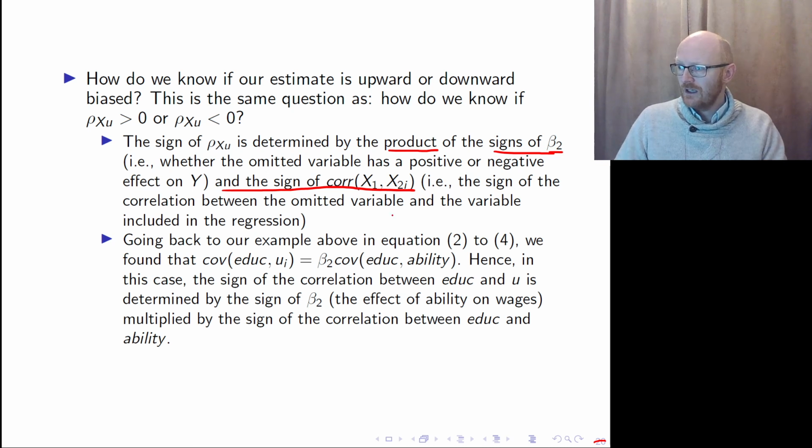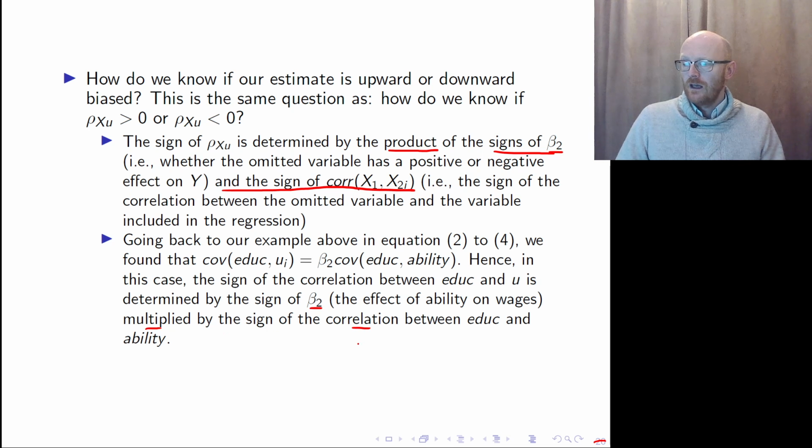So if we look at the example, we found that the covariance between education and the residuals is the same as the slope on ability times the covariance between education and ability. So in our case, the sign of the correlation between education and the residual is determined by the sign of beta 2 multiplied by the sign of the correlation.